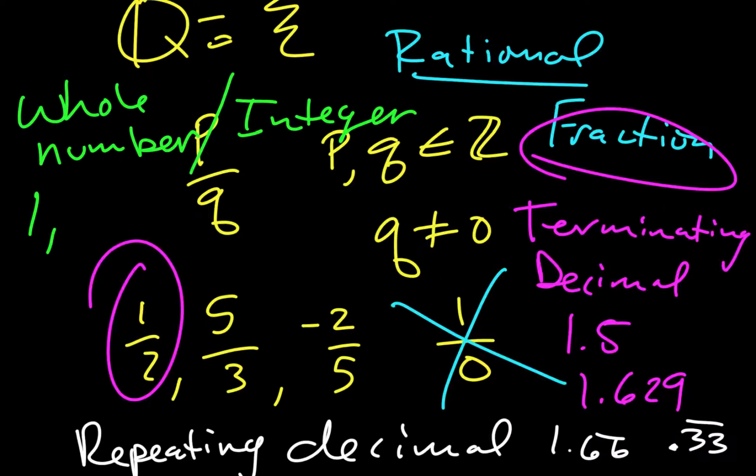So 1, 5, -2. All of those are also rational numbers. So the 4 ways, once again: if we see a fraction, a whole number or an integer, a terminating decimal, meaning a decimal that stops, or a repeating decimal, which is one that follows a pattern and goes on forever.